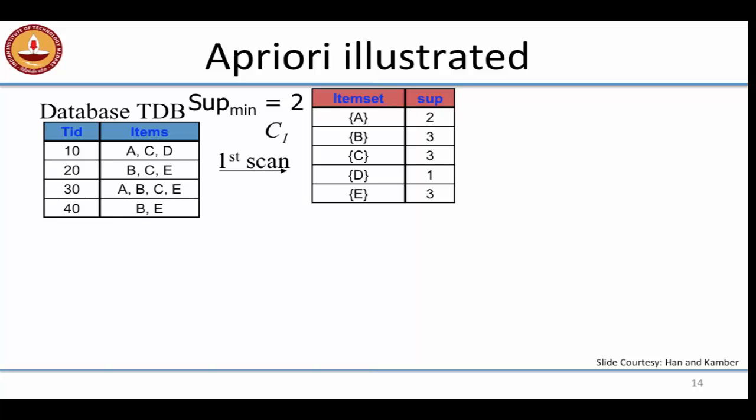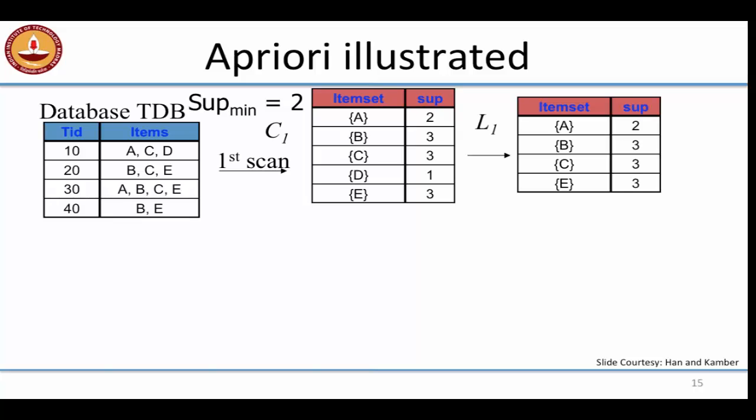You can immediately see that item set D is not frequent. Not only is the 1 item set D not frequent, any larger item set that contains D as an element can also not be frequent.